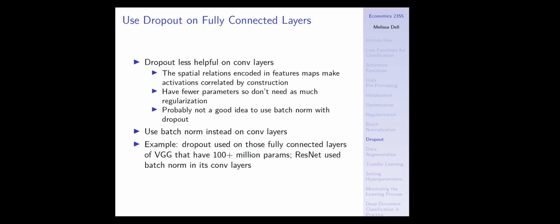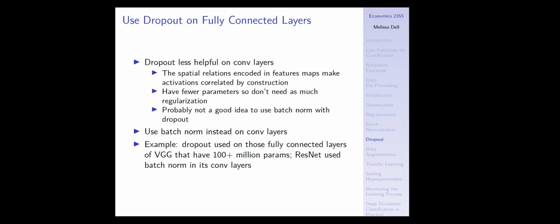Also, you recall that part of the point of ConvNets is to dramatically reduce the number of parameters relative to fully connected layers. And you have fewer parameters, so you don't need as much regularization on conv layers as you would need on fully connected layers.